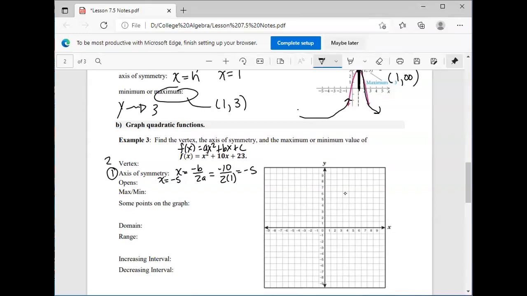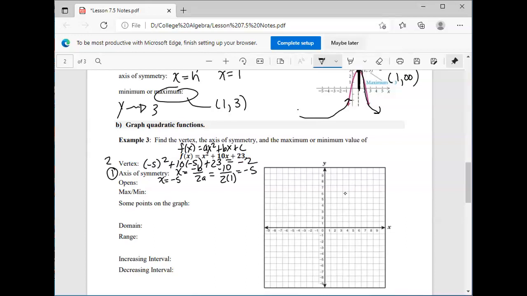So I'm going to my equation. Instead of X, I'm plugging in negative 5. Okay, and I would come up with the answer to that. So we've got 25 minus 50 plus 23. So negative 2.